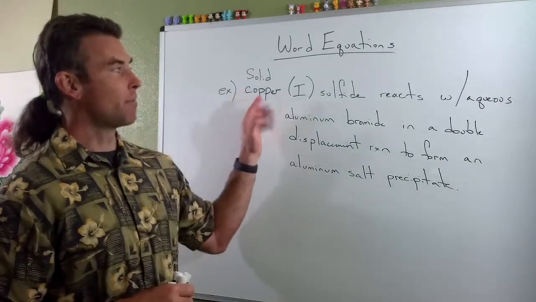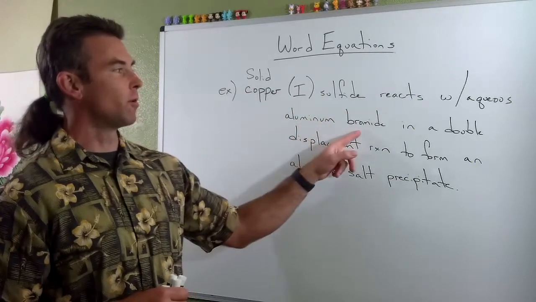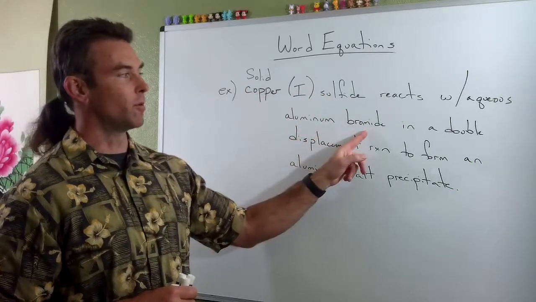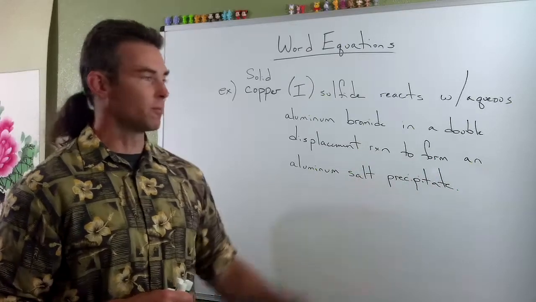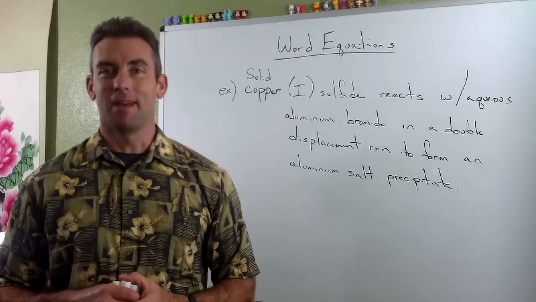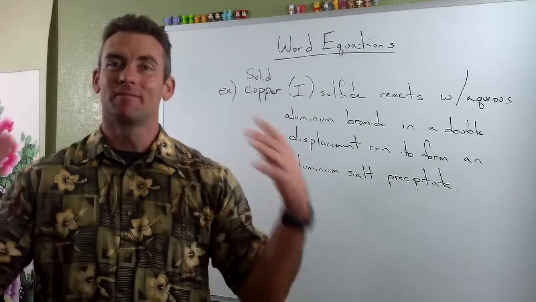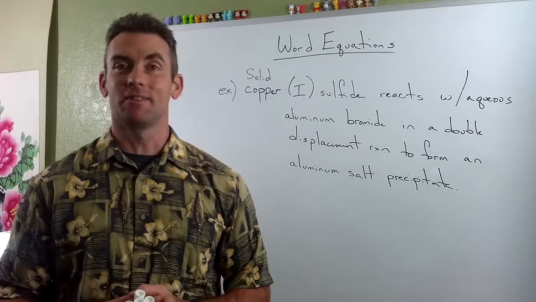So we've got copper 1 sulfide reacts with aqueous aluminum bromide, or I should say solid copper 1 sulfide reacts with aqueous aluminum bromide in a double displacement reaction to form an aluminum salt precipitate. And you'd say, what in the hell do all those words mean? That's the point of going through this, right? Good news. First thing we're always going to do is work on the reactants first.